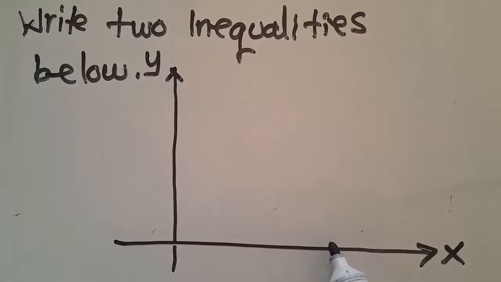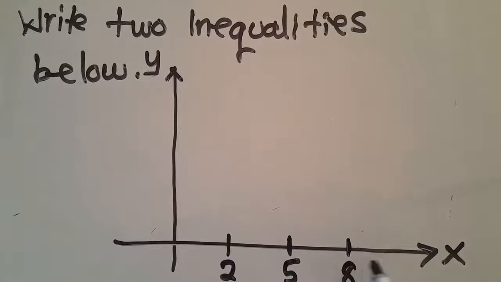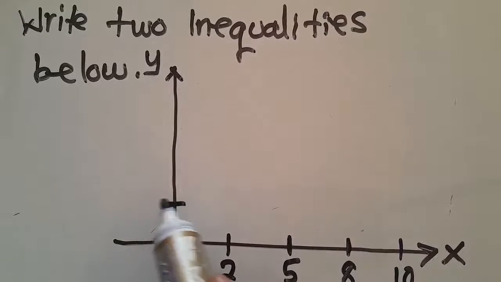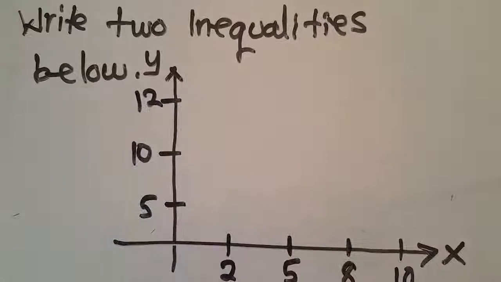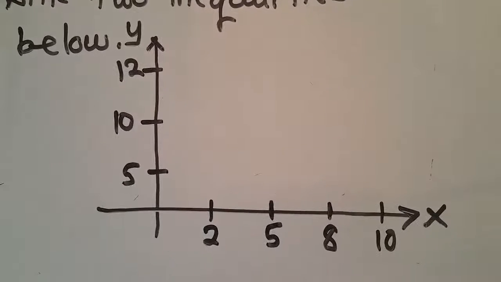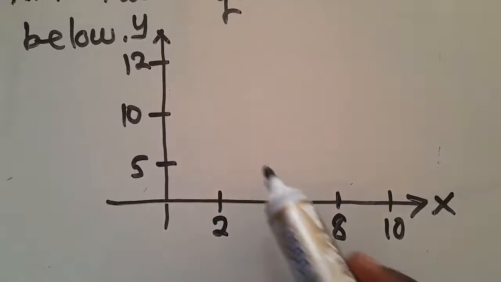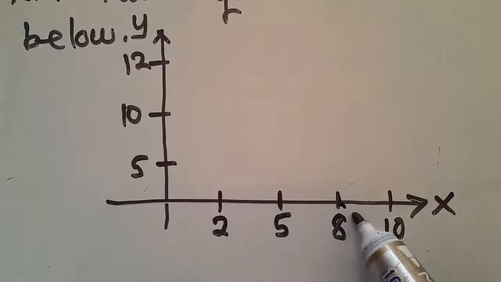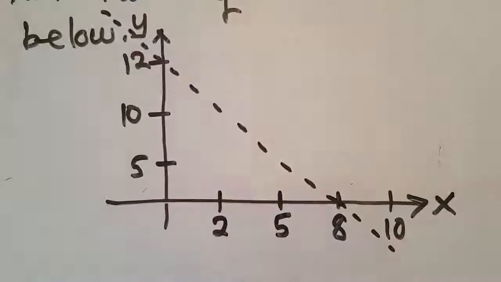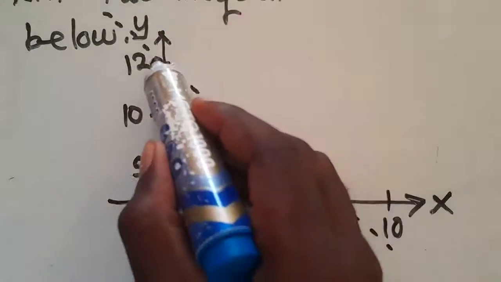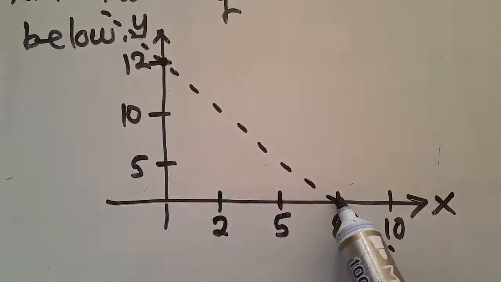So I'm going to say 2, 5, 8, 10, 5, 10, 12, like that. So we are having a line that is passing through here. This is a dotted line passing through here and there. I believe you know what I mean.